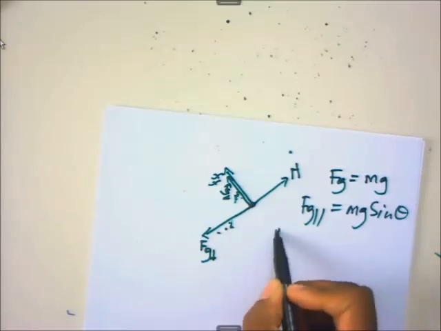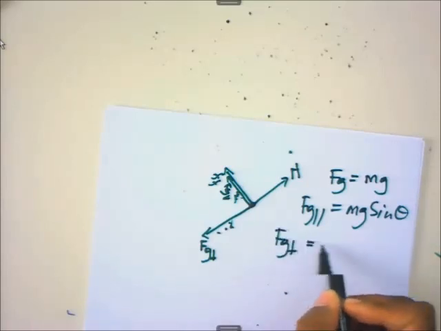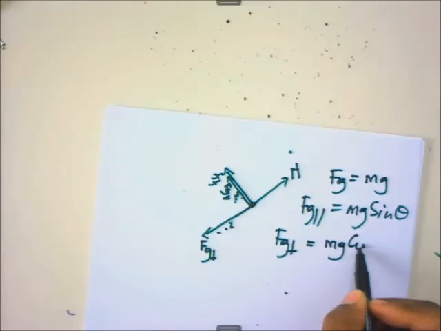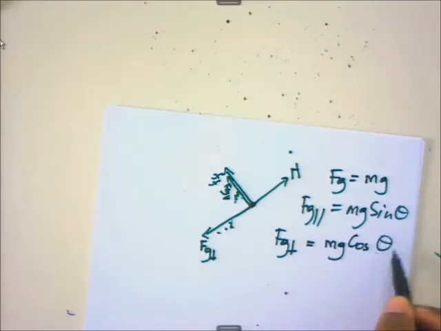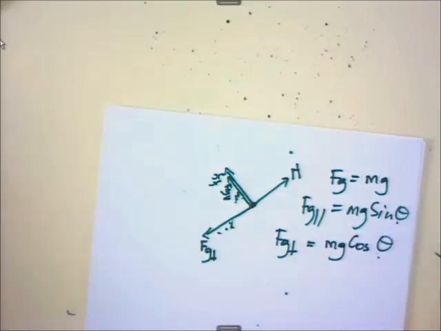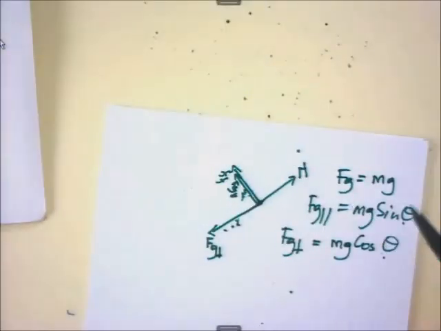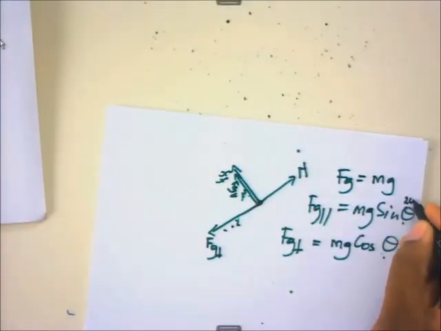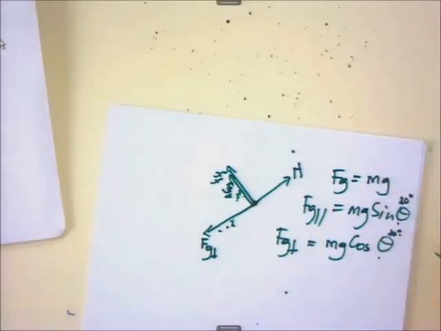And Fg perpendicular is equal to mg cos theta, whereby theta is the angle of the slope. In this case, the angle of our slope is 20 degrees. So you will substitute theta by 20 when you do your calculations, if you are going to use the components when you answer the questions.